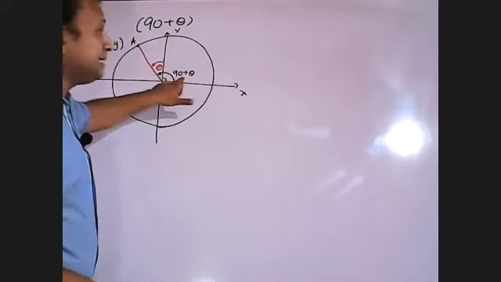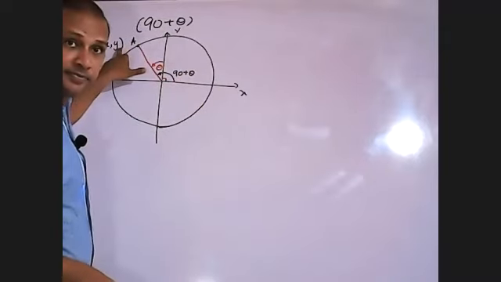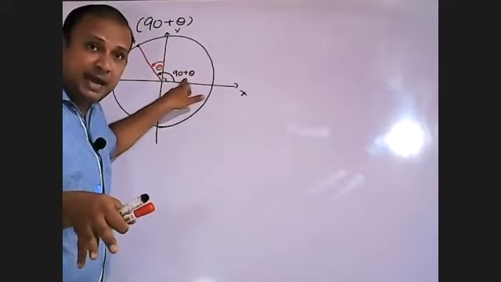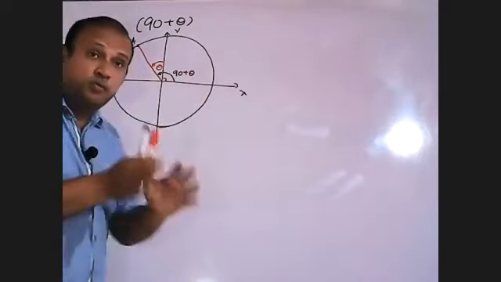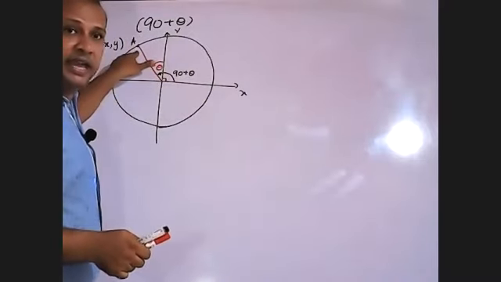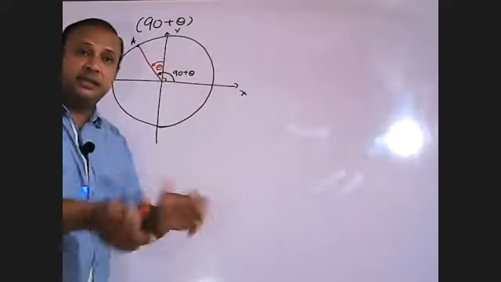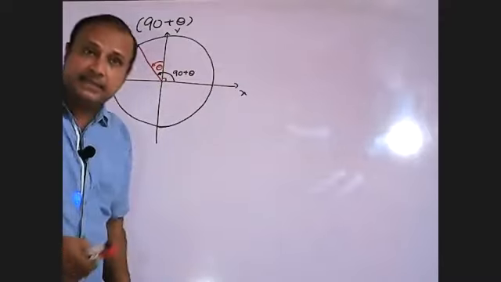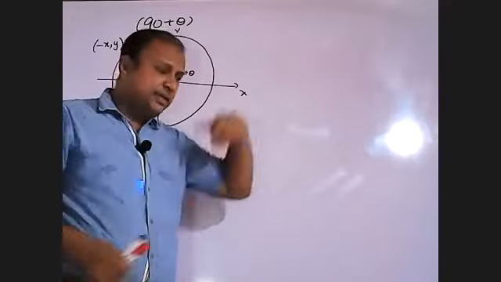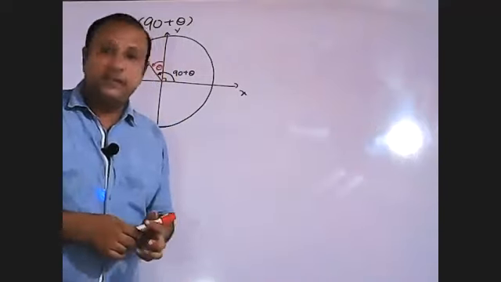That means sine 90 plus theta should be equal to y. Accordingly, cos 90 plus theta should be equal to the corresponding x coordinate on the unit circle. Therefore, cos 90 plus theta should be equal to minus x. That is using the unit circle definition.